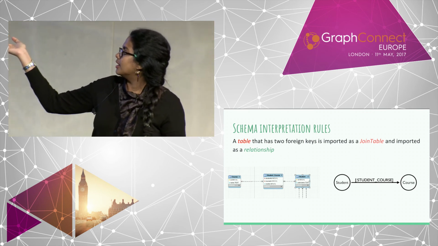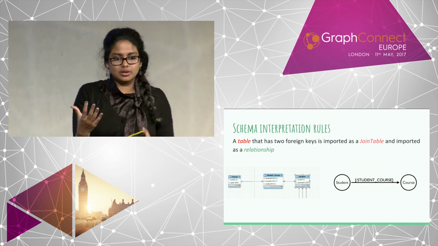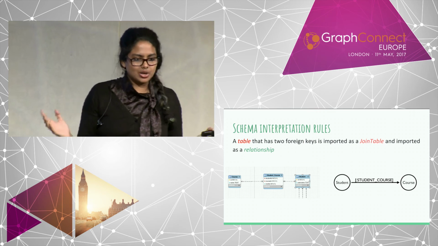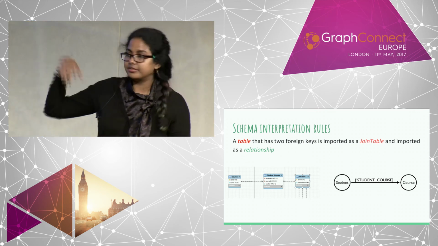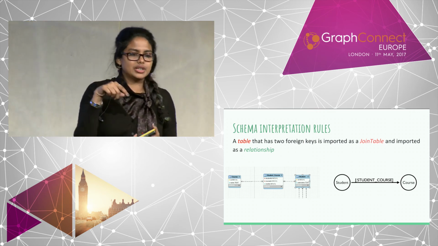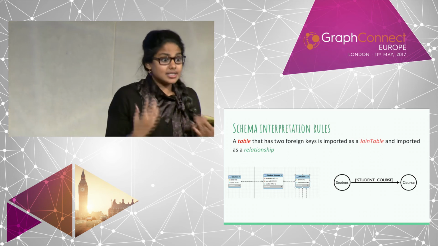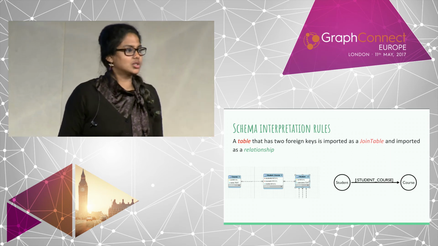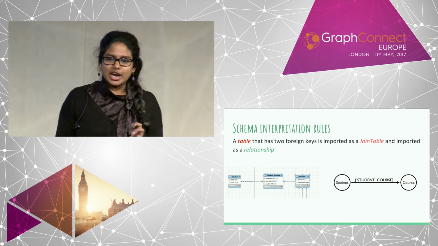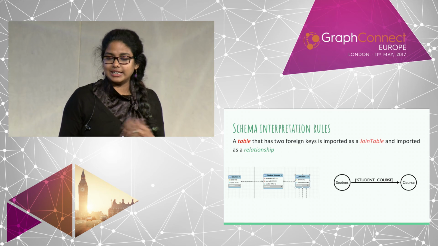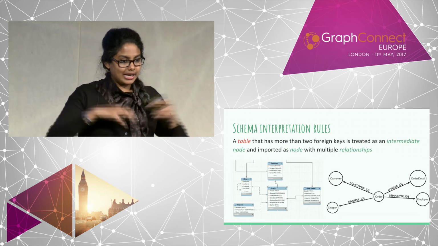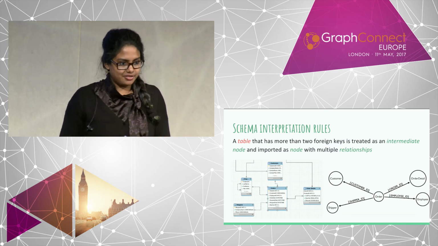For instance, if I had Praveena, who is a student of computer science, and my credit is, let's say, 7 out of 10, then I would have the credits persisted on the student course relationship. That's a very important thing in Neo4j. Your properties are not just on the nodes, they're also on the relationships, which helps you migrate at a later stage if you realize that the student course is becoming an intermediate node with a lot of other information in it.